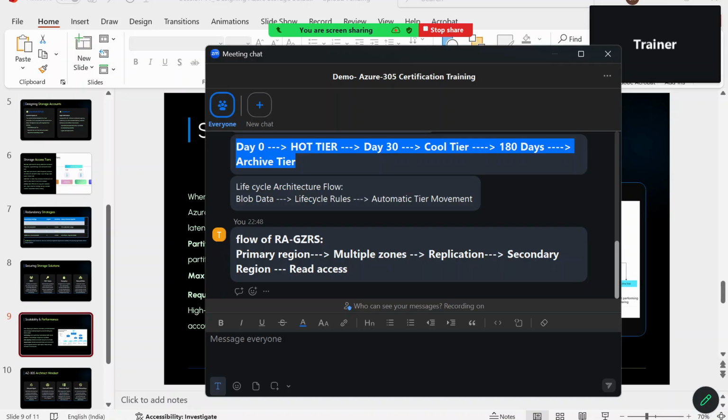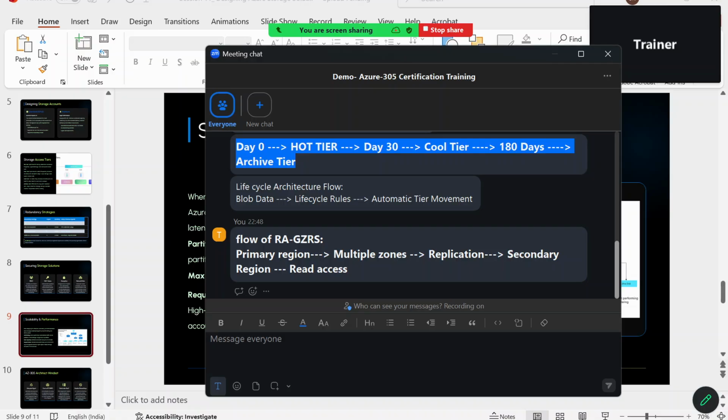And what is backup versus replication? Which is very common in AZ-305 questions. Replication protects against infrastructure failure, and backup protects against user mistakes, corruption, or accidental deletion. So architecture often needs both. What is the storage disaster recovery strategy?